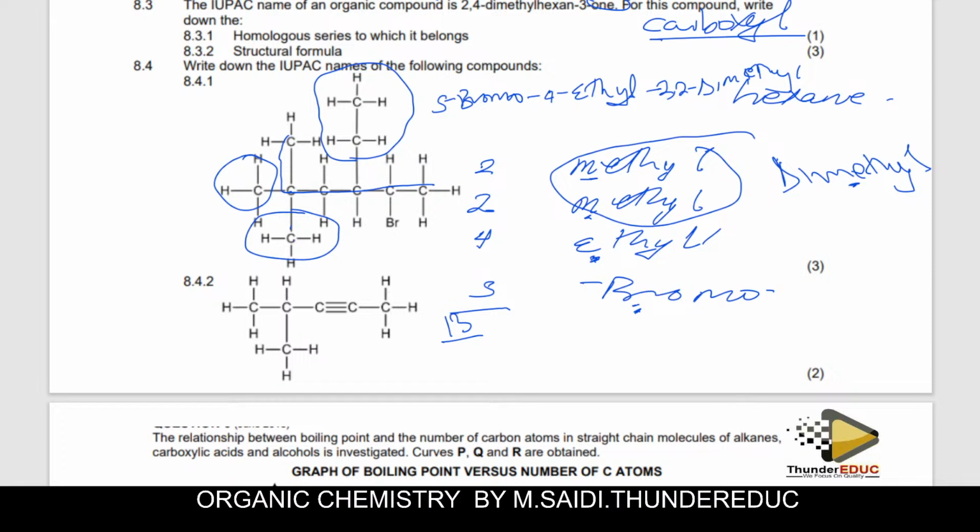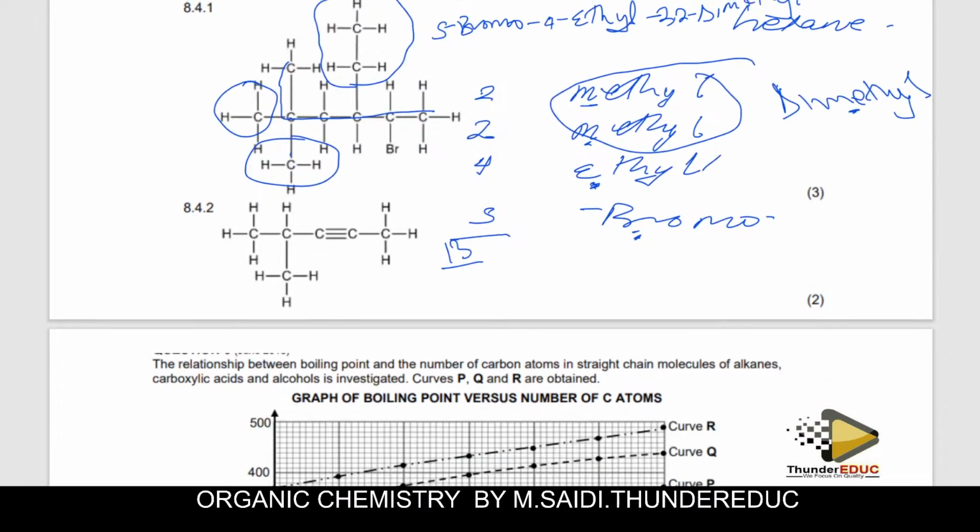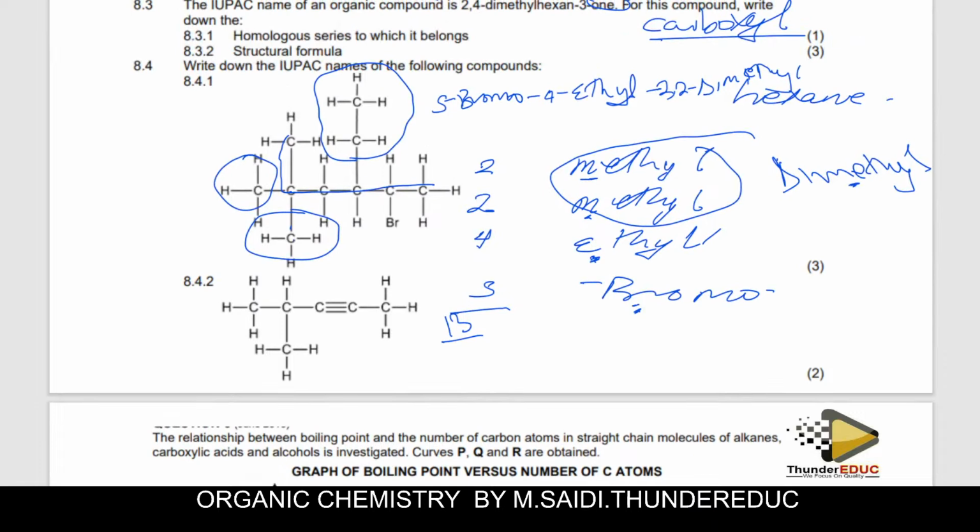Am I clear? Am I clear, people on live? Are you getting it? Yes. So it's going to be 5-bromo-4-ethyl-2,2-dimethylhexane. That's how we write that.